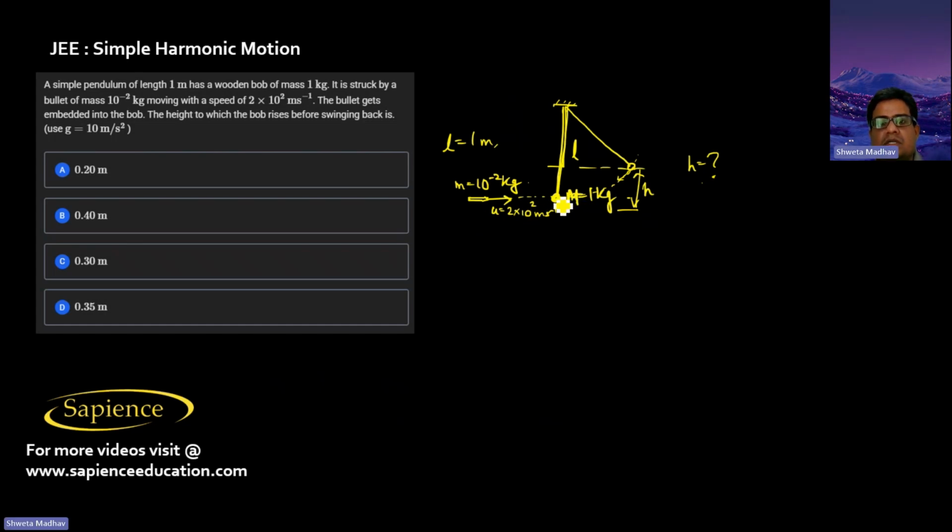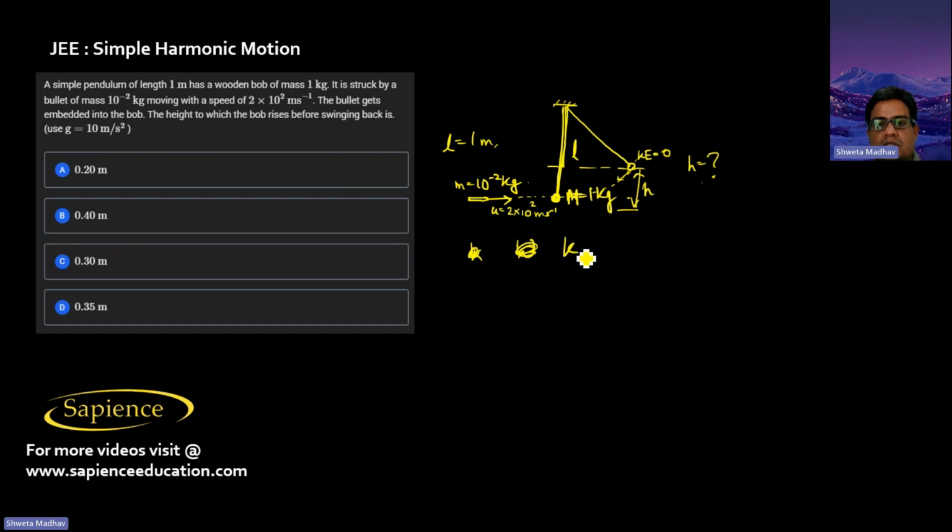Now here you can say that we can conserve the mechanical energy of the system. I can say the work done by all forces equals the change in kinetic energy, and here the kinetic energy of the system will become 0.